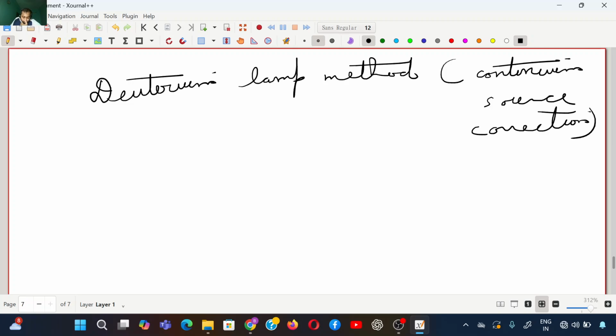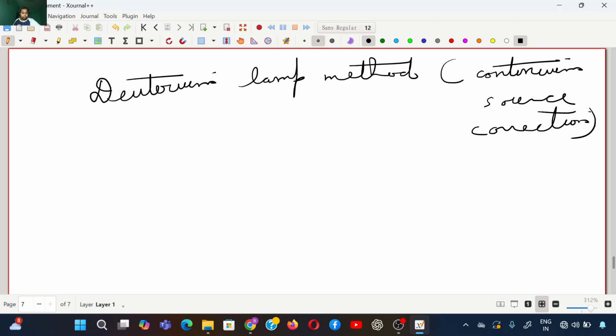The problem with hollow cathode lamps is that they emit narrow element-specific lines. Background absorption is usually broad and continuous. So a deuterium lamp is a continuum source producing radiation across a wide wavelength range, including the analyte's resonance wavelength.